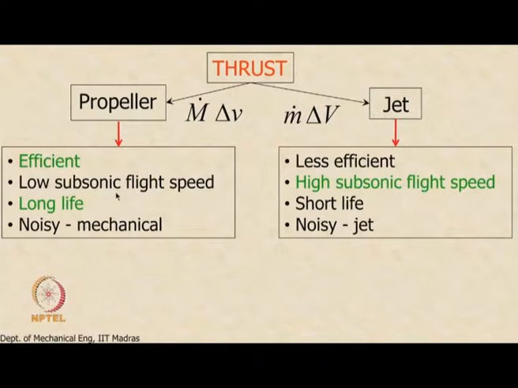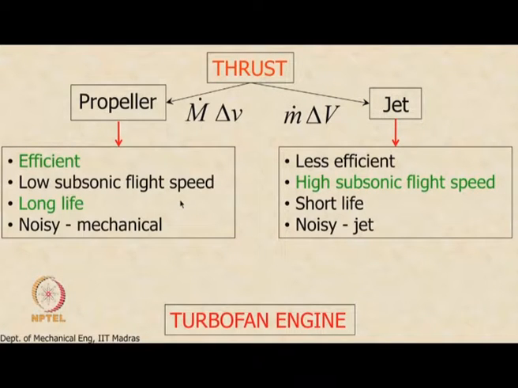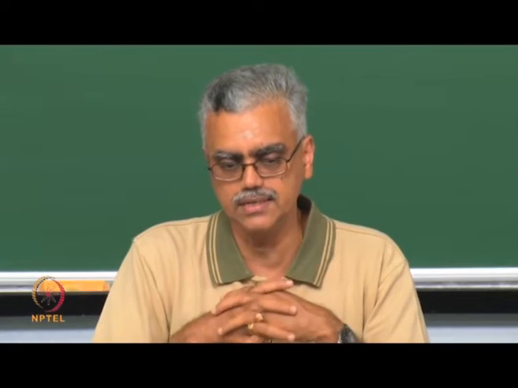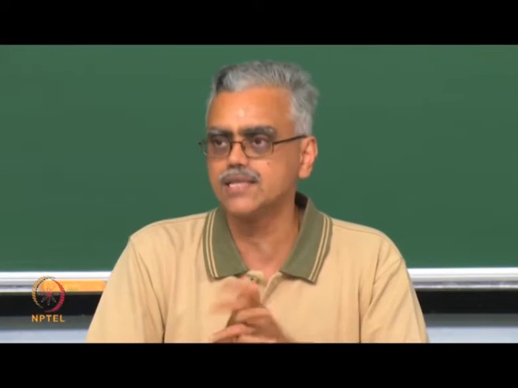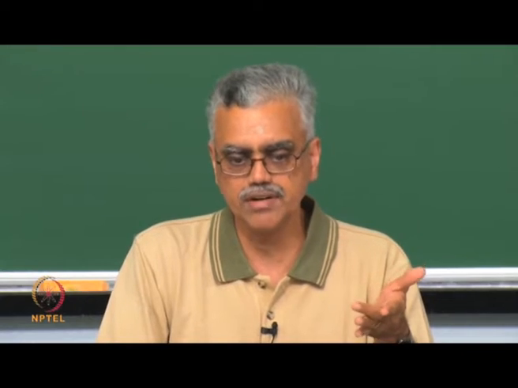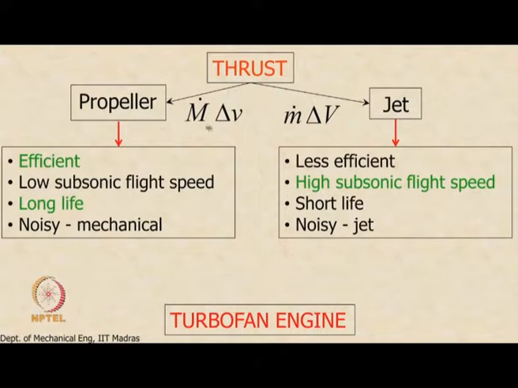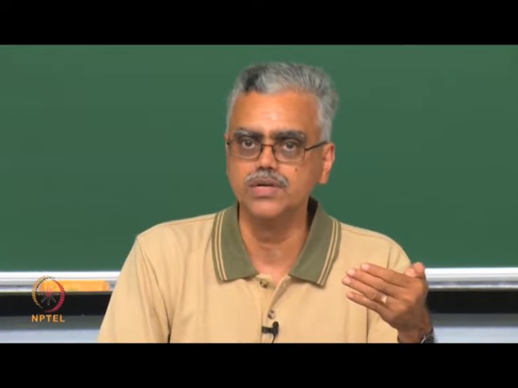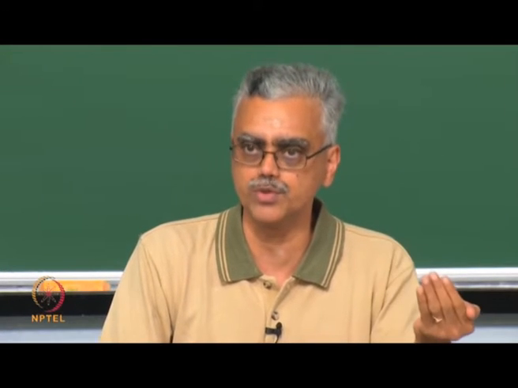Okay. So the turbofan hopefully will address the disadvantages of both these, plus retain the advantages of both, right. That is what we are looking for in a turbofan engine. I will not say it is a hybrid, it is a combination of both the ideas. If I generate most of my thrust by imparting a small velocity change to a large mass of cold air, that seems to be very good from an efficiency and a life perspective.